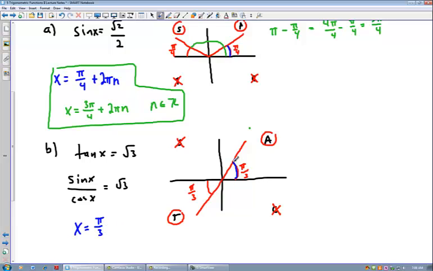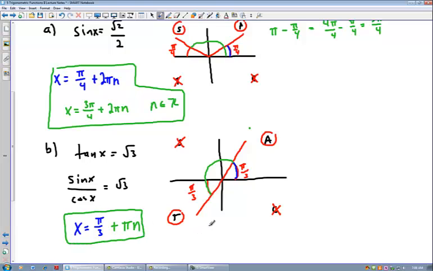And then I could do plus 2 pi, so I could do plus 2 pi n. But in this picture, you see if you go an additional pi, let me use a different color, you'll see I wind up right where I want to be on this angle. And then if I go another pi, I wind up back here, then pi, then pi. So my answer for this one is just plus pi n. So there's just one answer instead of two.